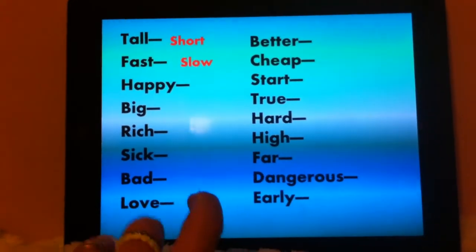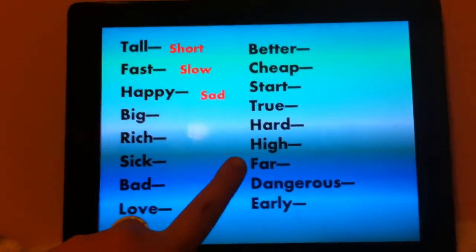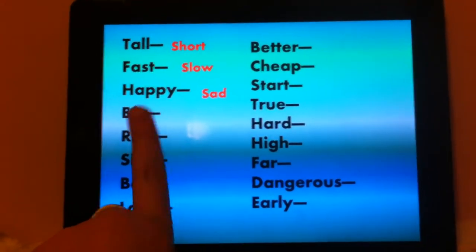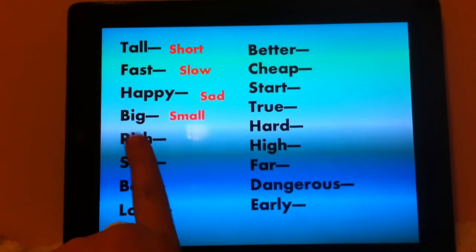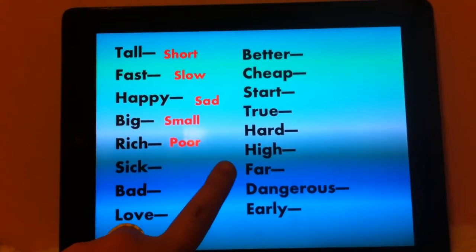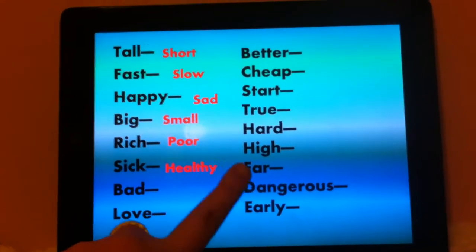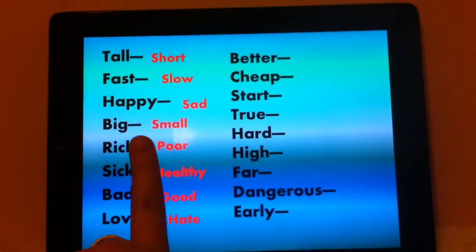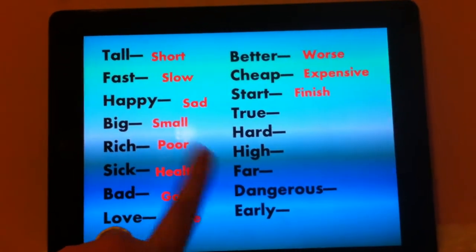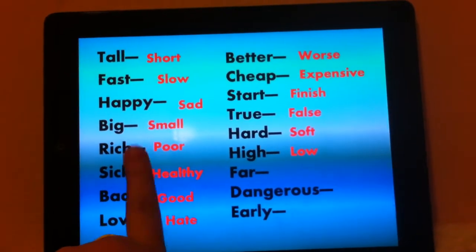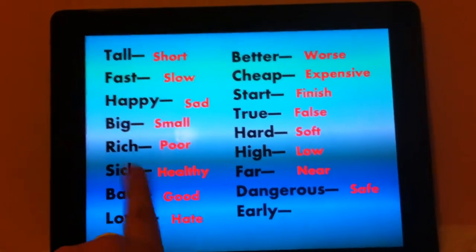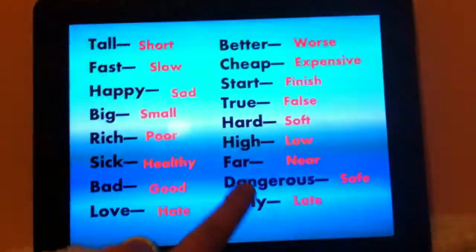Tall, we would find short to match up as the opposite. Fast, slow. Happy, sad. Big, small. Rich, poor. And then hopefully they'll get the hang of it and they'll be able to do some on their own as well. And of course, to have these answers accessible with the PowerPoint, they can look right on here and see what they did wrong or what they got right, and we can go over it together.